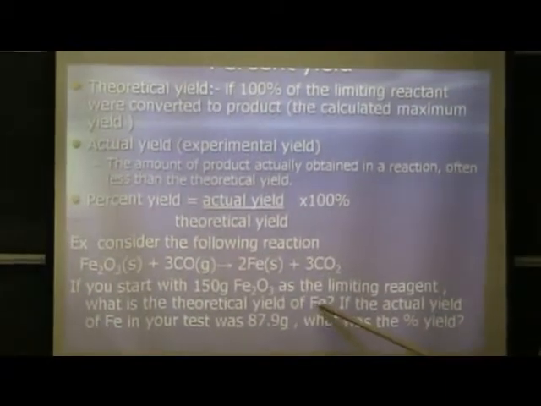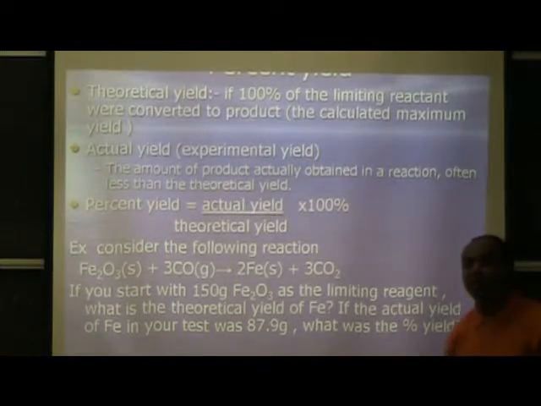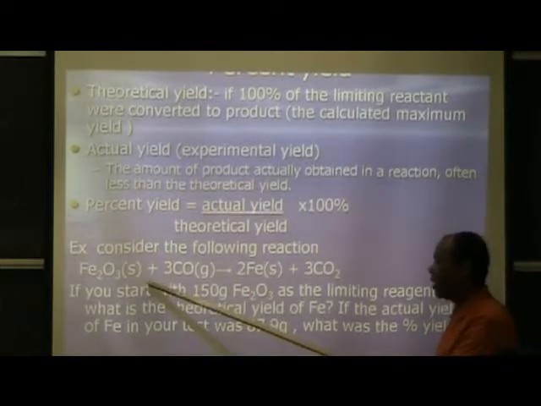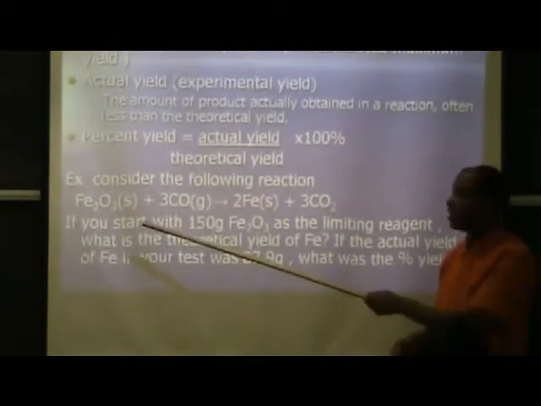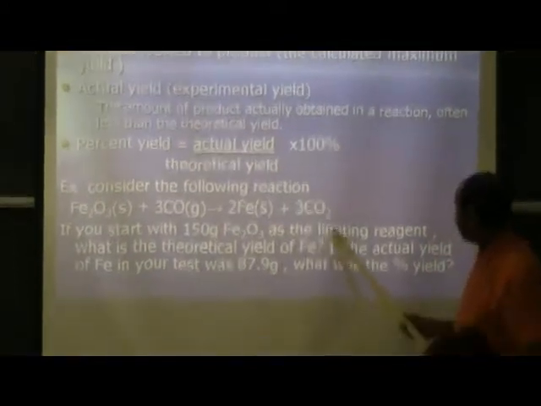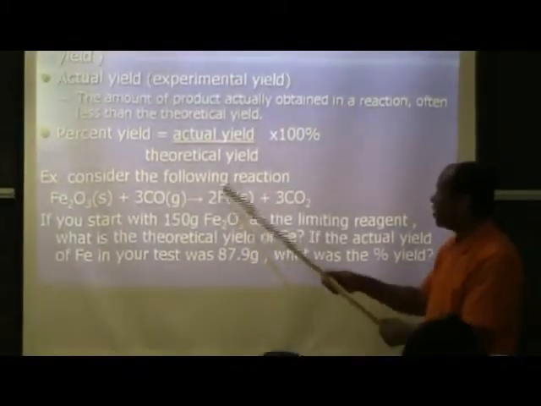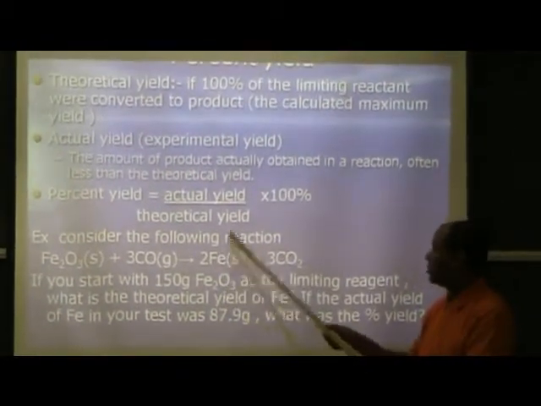What would be the theoretical yield of iron? The theoretical yield of iron is calculated from the equation, not from the experimental determination. That's the theoretical yield. If you have 150 grams of iron 3 oxide, how much iron would you get?